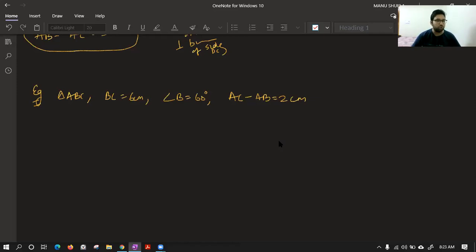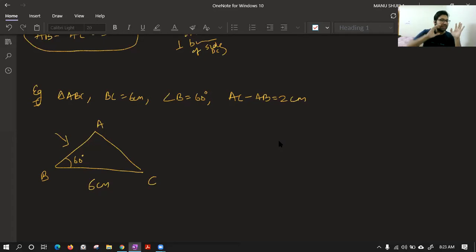As I've told you, the first step is always to draw a rough diagram, class. The rough diagram will look like this. BC is 6 centimeter, angle B is 60 degree, and we have ABC like this. Now tell me, class, the side containing the angle is what?